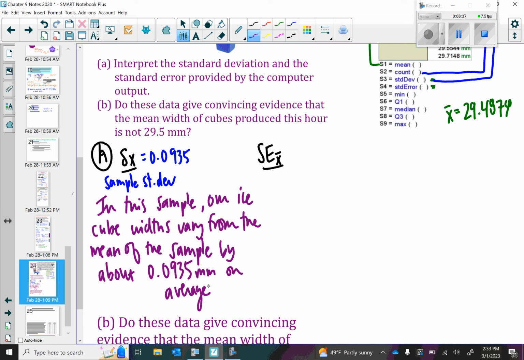Again, average distance from the mean, and if we're talking about the sample standard deviation, it's the average distance in that sample. Now let's look at the standard error.